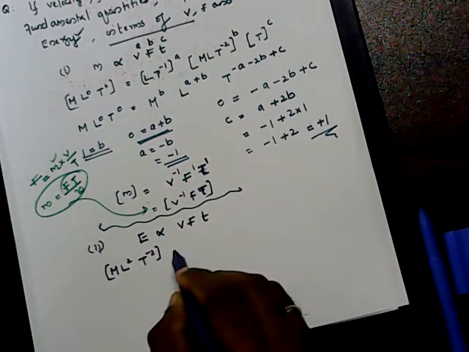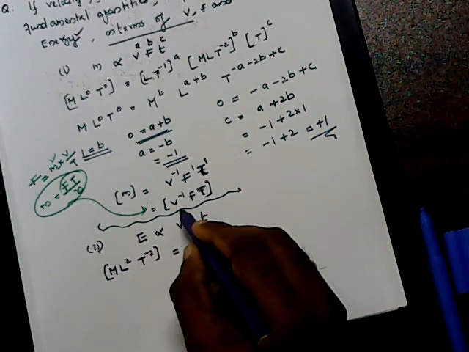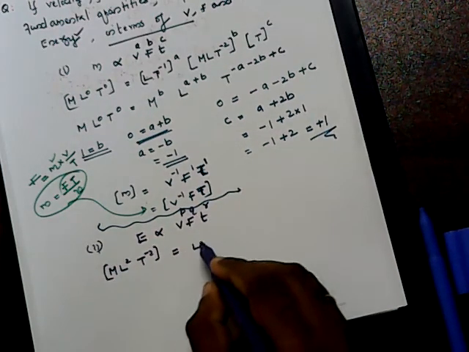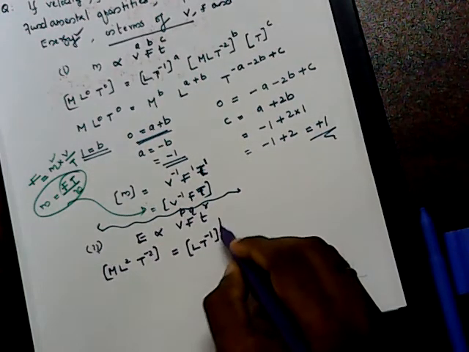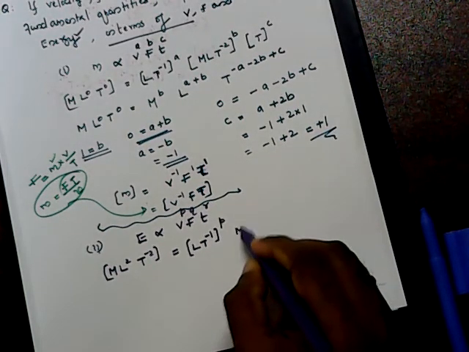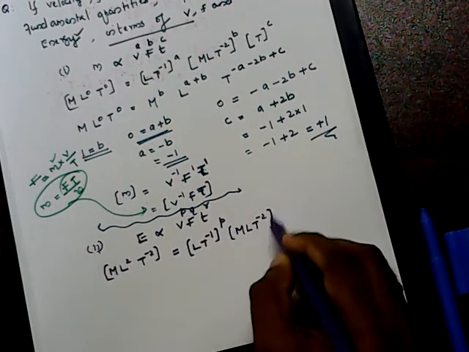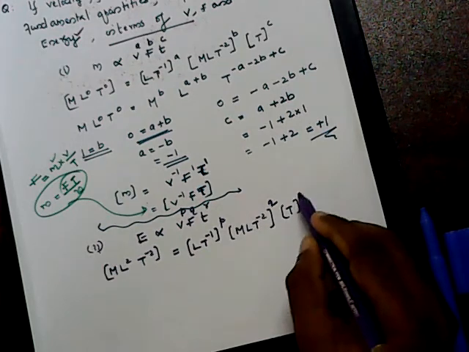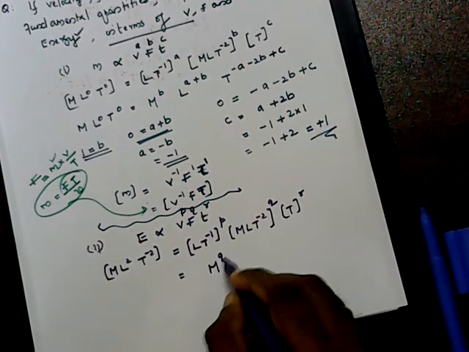That should be equal to the velocity, say the powers are p, q, and r. The velocity as L T raised to minus 1, it got the power as p. The force as M L T raised to minus 2, the whole raised to q. And the time T, the whole raised to r. That is equal to M got the value as q only.